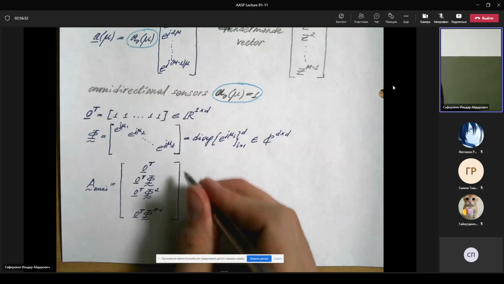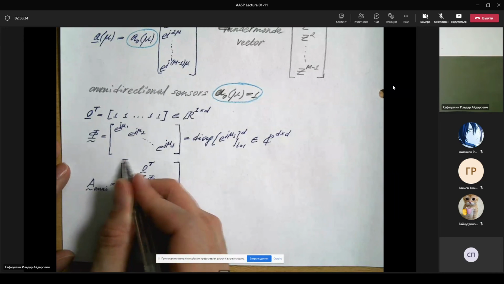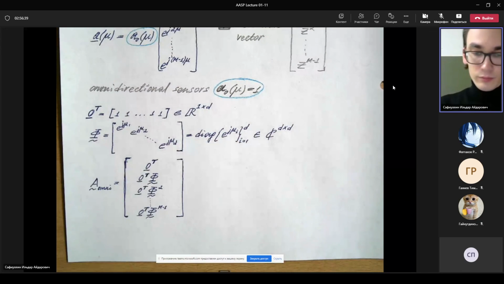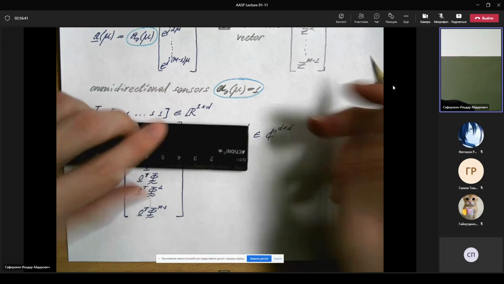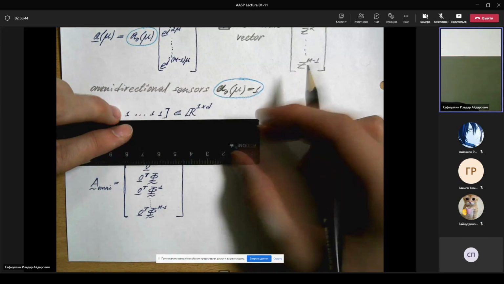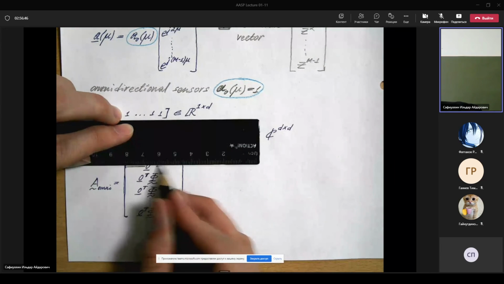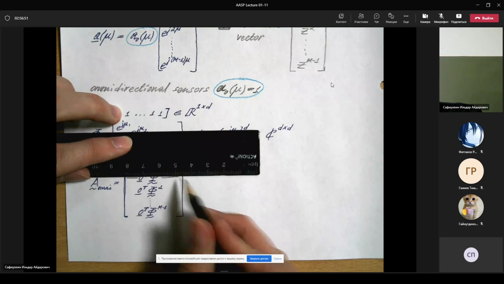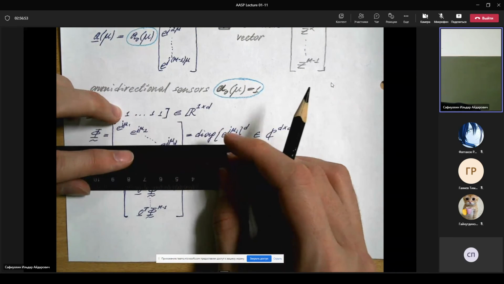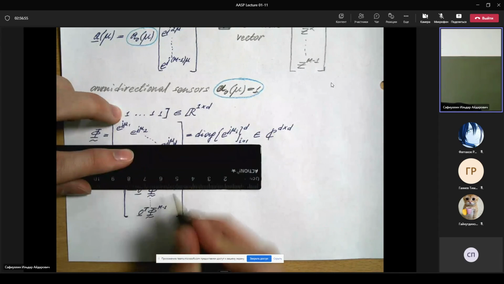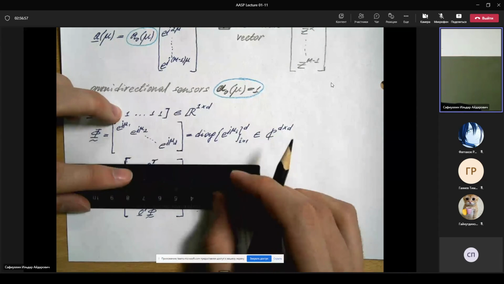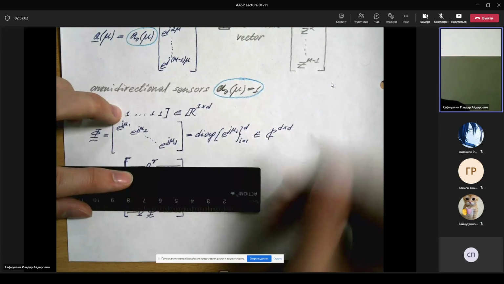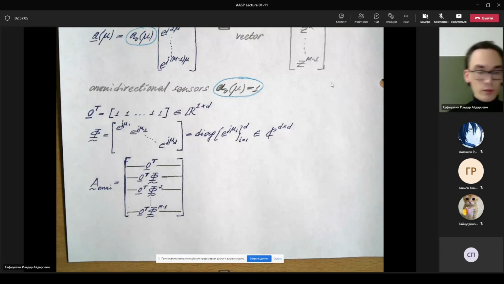And this is a matrix whose rows are: first O transpose, then O transpose times phi, then O transpose times phi squared, and the last element O transpose times phi to the power of m minus 1.